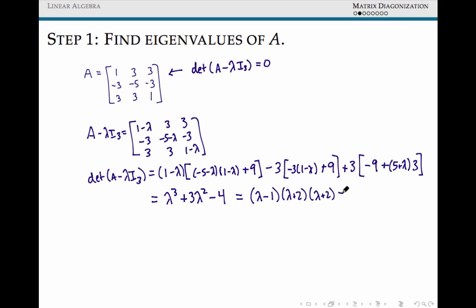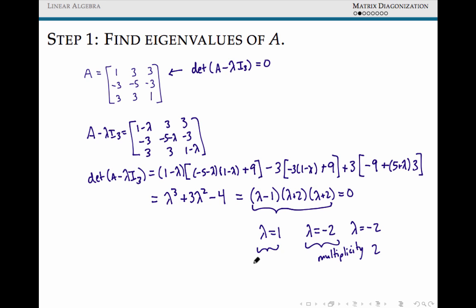Setting this equal to 0, we can see that our eigenvalues are lambda equals 1 and lambda equals negative 2. The term we use for having multiple eigenvalues of the same size is multiplicity: negative 2 has multiplicity 2, since there are two copies of it, and lambda equals 1 has multiplicity 1.